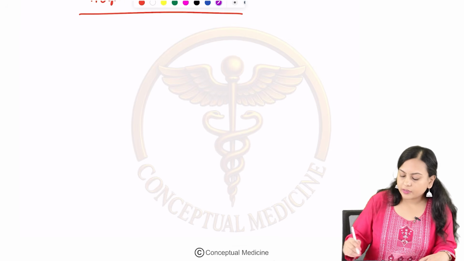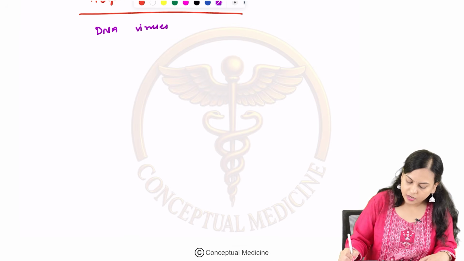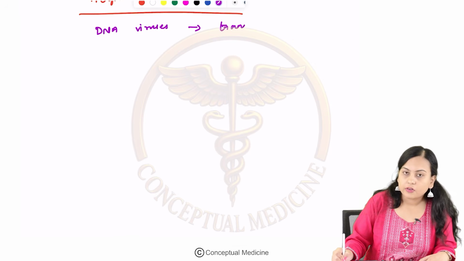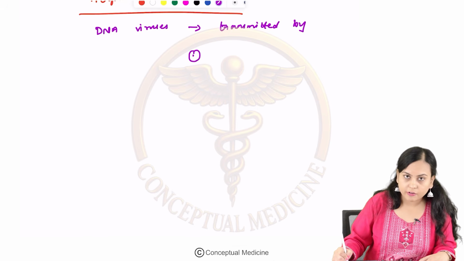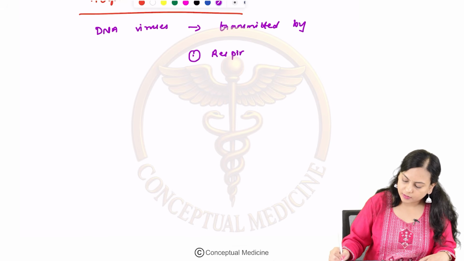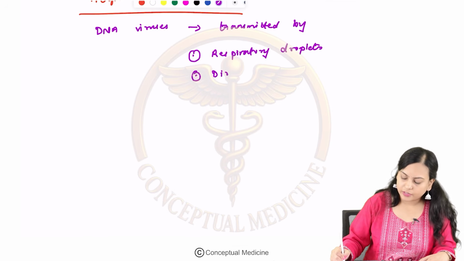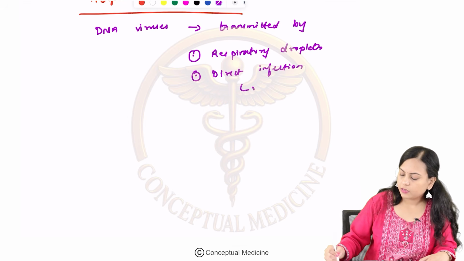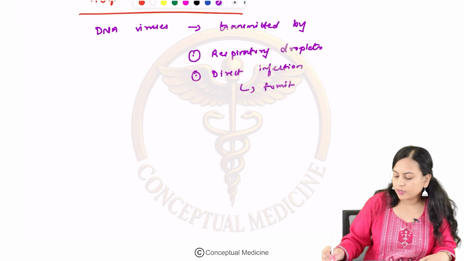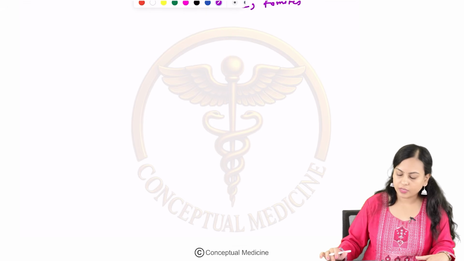So, these viruses are DNA viruses that are transmitted by respiratory droplets, or it can occur through direct infection also, okay, through fomites when there is contact with the fluid of the vesicle, okay.